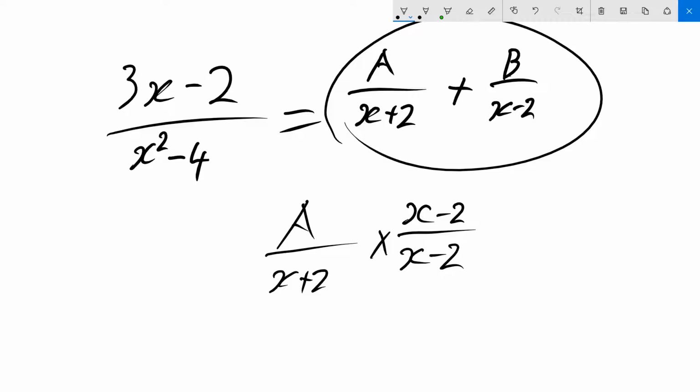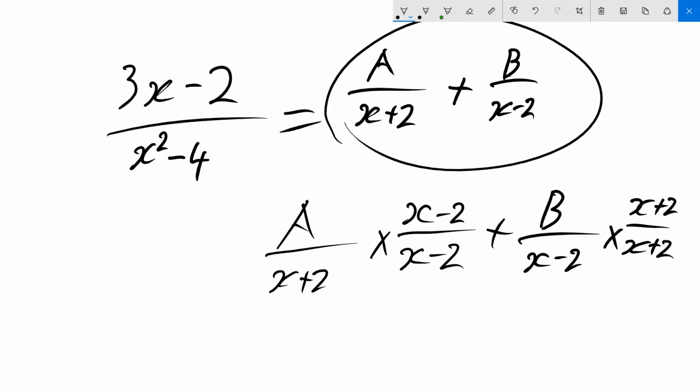So we're going to times that together. This is still 1. We're going to times those together, and we're going to do the same for the other fraction, but it's going to be x plus 2 in this case, because that's the other denominator.